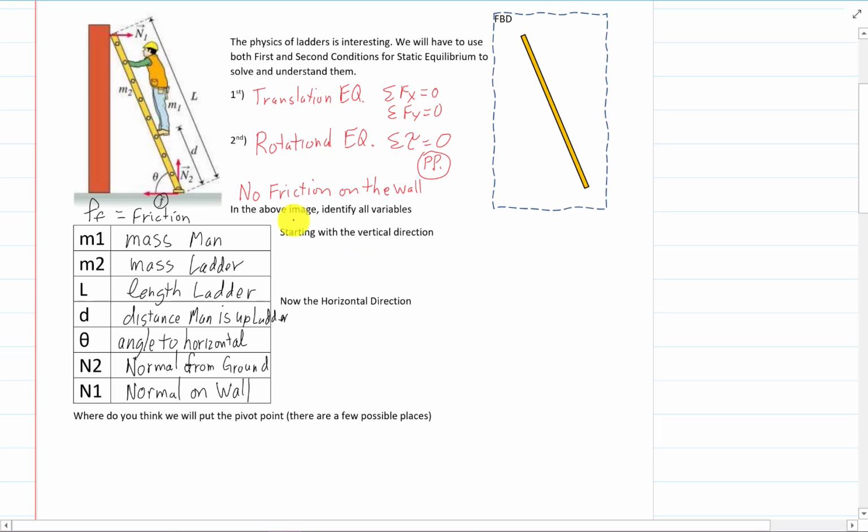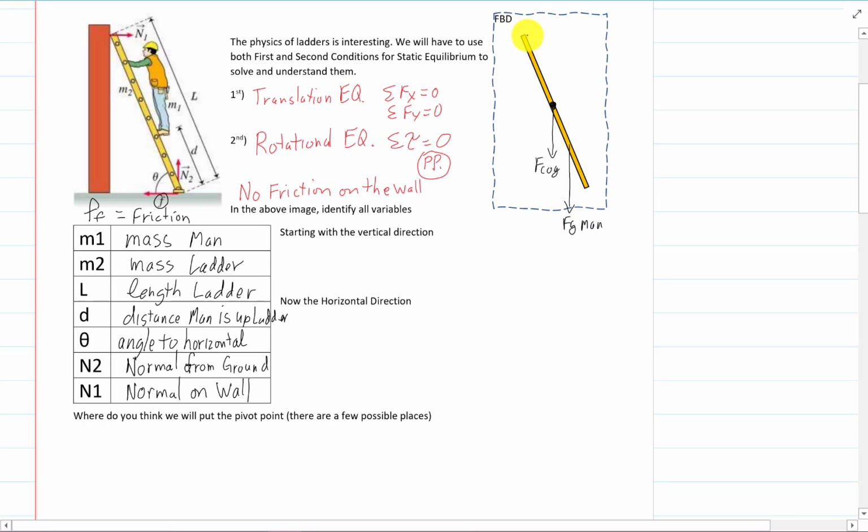Okay, so let's draw the free body diagram over here. I've already started with labeling it. Let's label all the forces. It's a uniform ladder in almost all cases. So there's a force of gravity pulling down at the center of gravity of the ladder. There's a man climbing on it, so there's the force of gravity of the man.